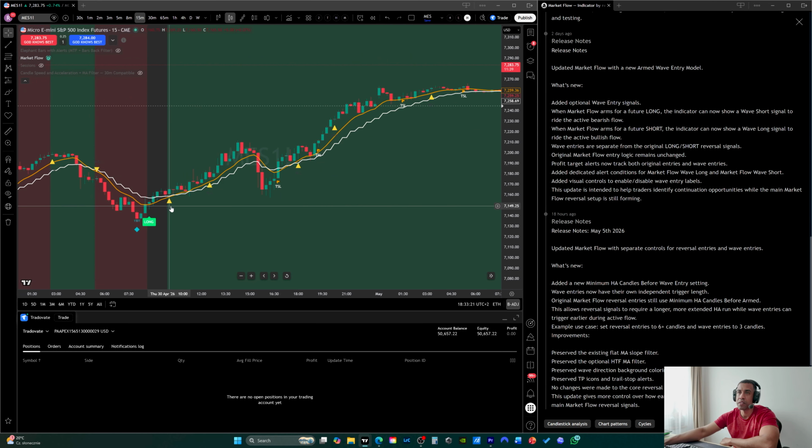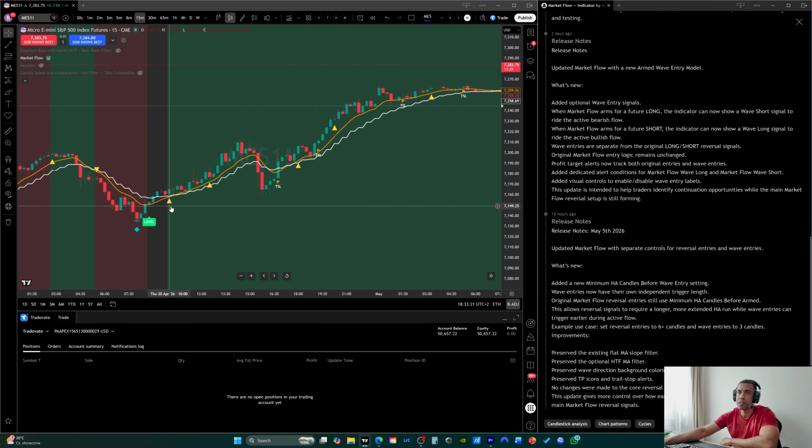Okay, EMA, length 9, moving average source Heikin-Ashi close. You can have a regular close or Heikin-Ashi, but I use Heikin-Ashi close. I have it show the moving average, market flow logic 10, and the body percentage 10, and also confirm on candle close.